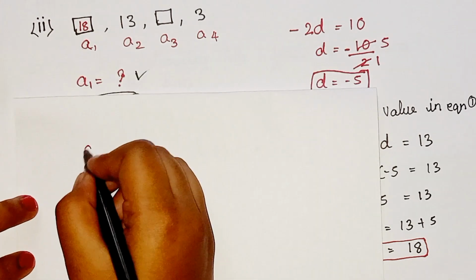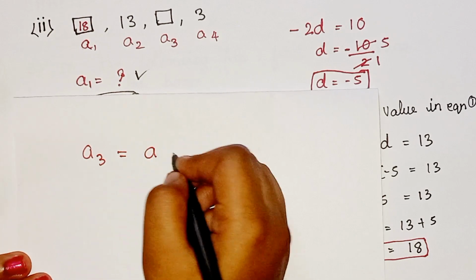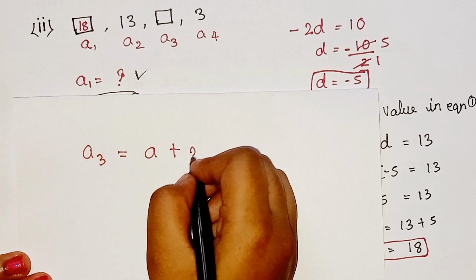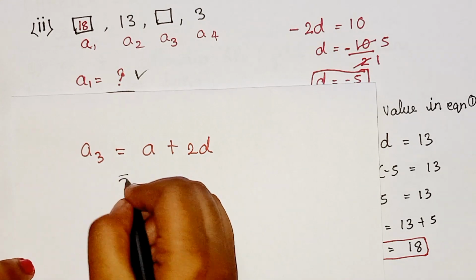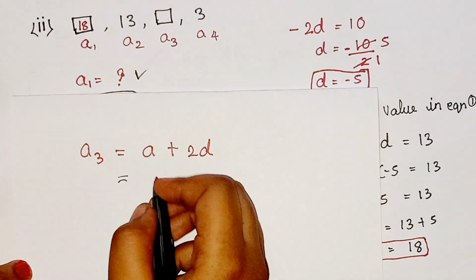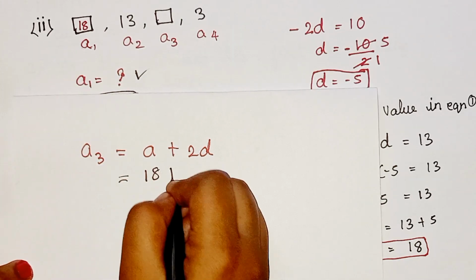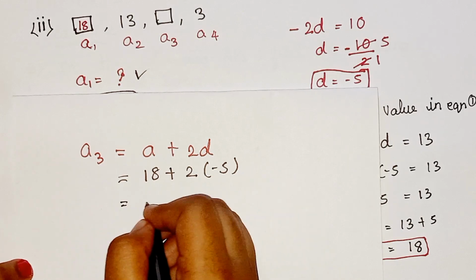So I just told you guys we can actually find it. How much? a plus the previous number of 3 is 2, so 2d. Perfect. So it is equal to a, whose value we know, right? So the a value is 18 plus 2 into the d value, which is minus 5.